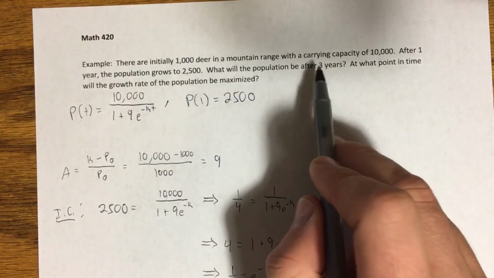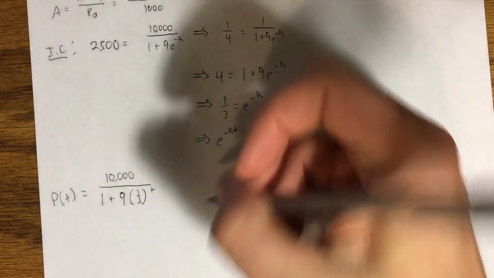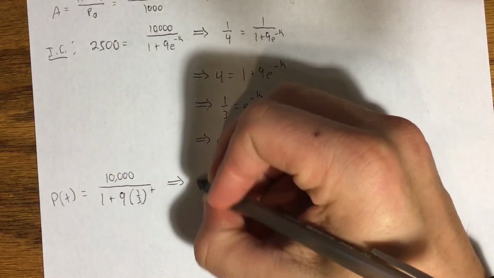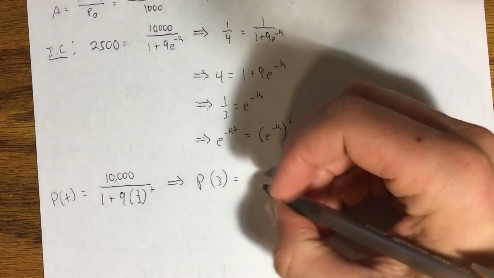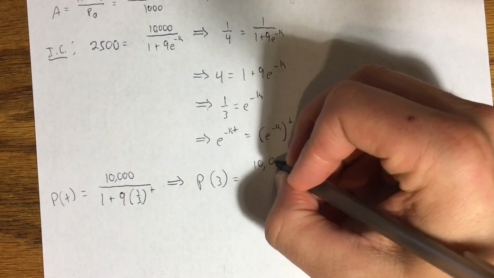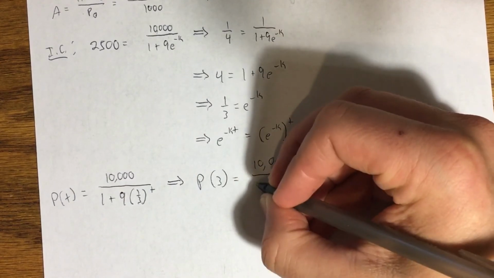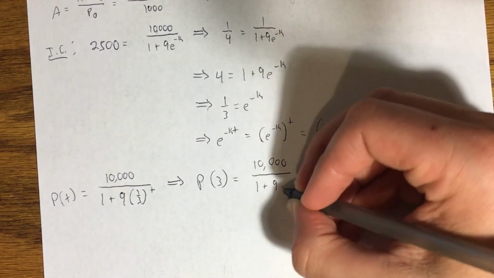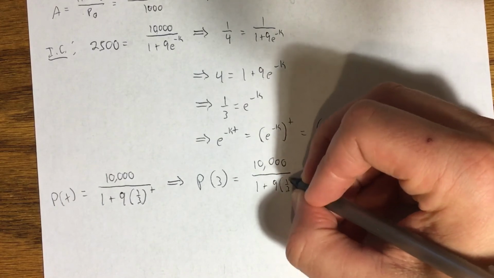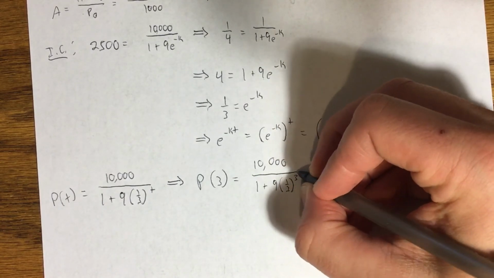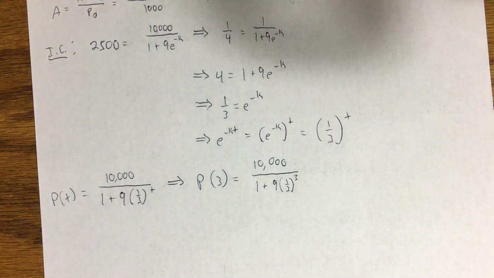We were asked two questions. What will the population be after 3 years? That's the same thing as P of 3, which in our case equals 10,000 over 1 plus 9 times 1/3 to the power of 3, 1/3 cubed.